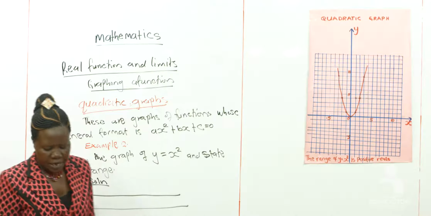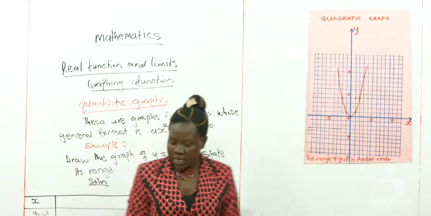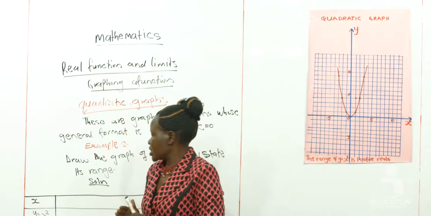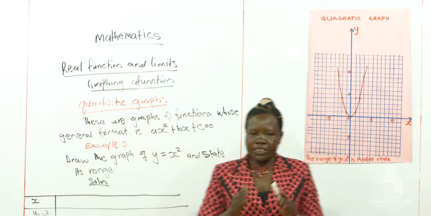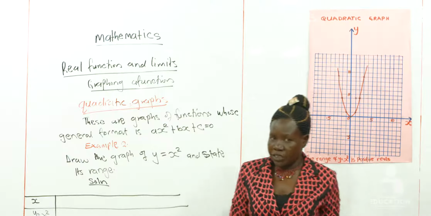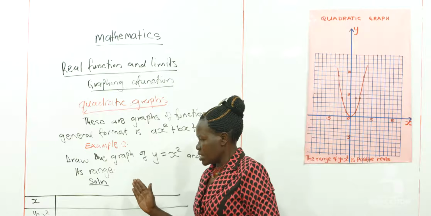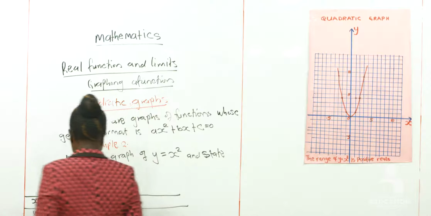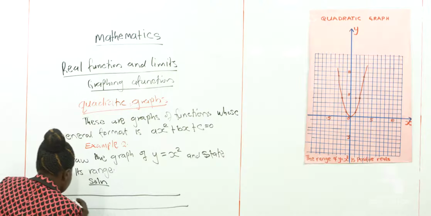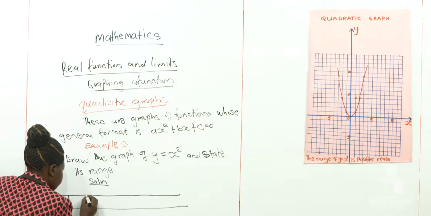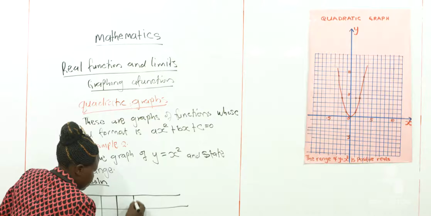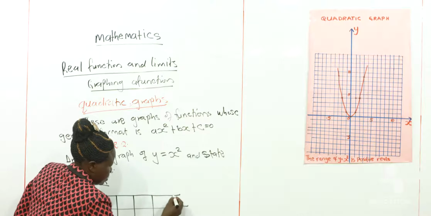Remember I said if we are taking 3 points on the x-axis, it is going to affect the 2 sides of the x-axis, the negative and the positive. So we are going to have 3 points on the negative x and 3 points on the positive x, meaning that we are going to have 1, 2, 3, 4, 5, 6, 7.